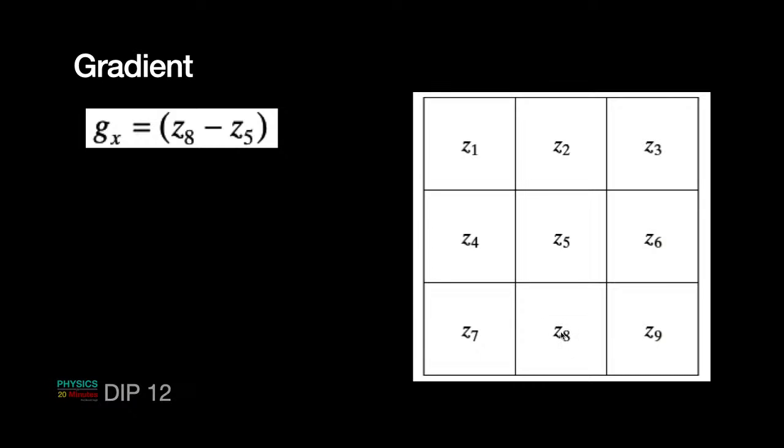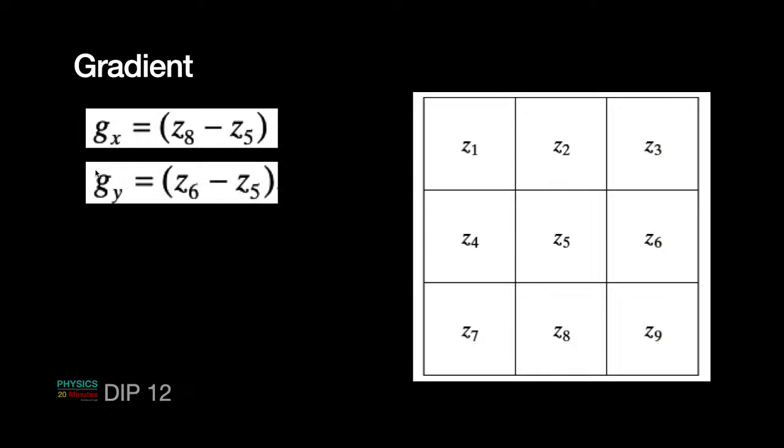This is f of x, then this is f of x plus 1, which is Z8 minus Z5. So this minus this upon 1 will give me the gradient in this direction. Similarly, Gy: f of y plus 1 minus f of y upon 1. So this minus this upon 1 gives me the gradient in the y direction. So these are my two gradients. My net gradient can be obtained by the root of Gx square plus Gy square.